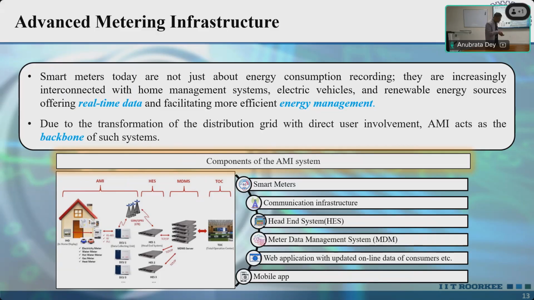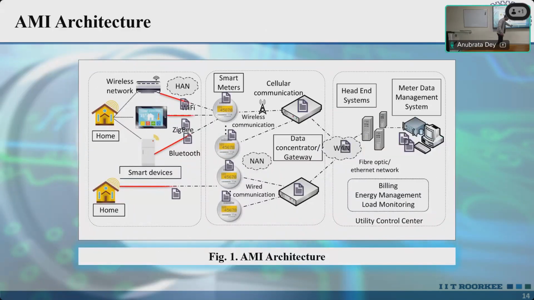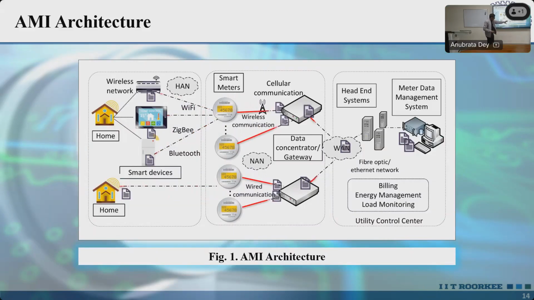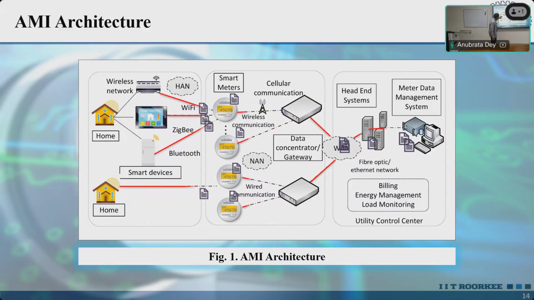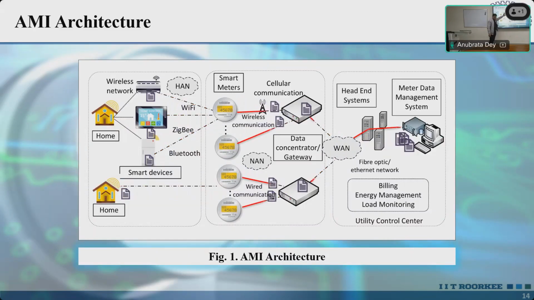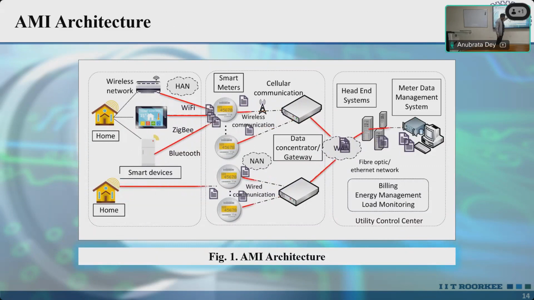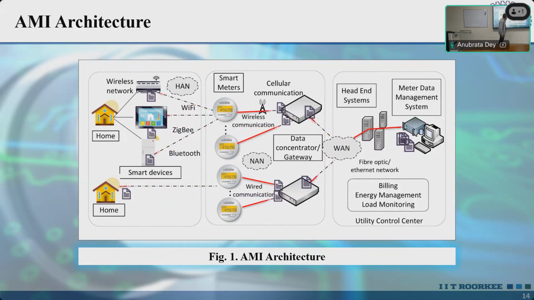So if you look at the architecture of AMI, it looks like this. Here in your home you have all the smart devices, and you are using the house area network, usually HAN, and they are collecting the data and sending it for further processing. At this side you have some data concentrator or gateway, where they use another type of network, the neighborhood area network, which is more powerful than HAN.